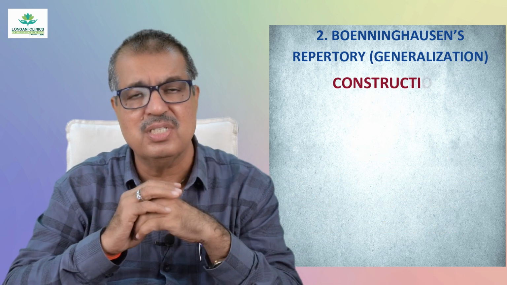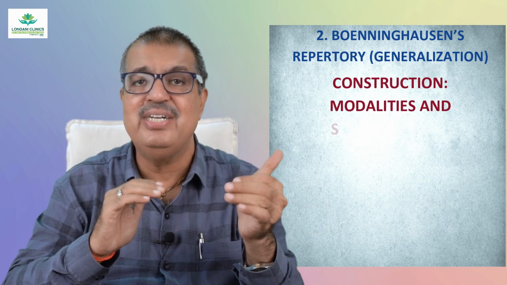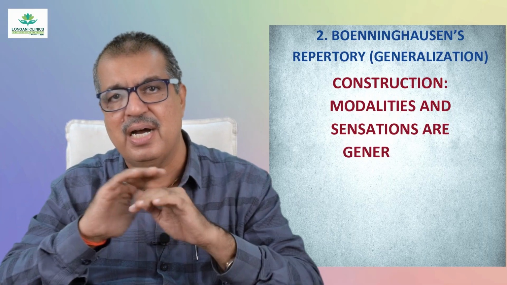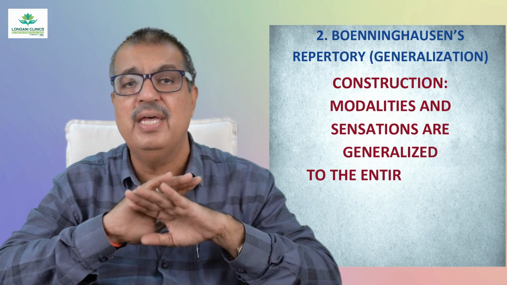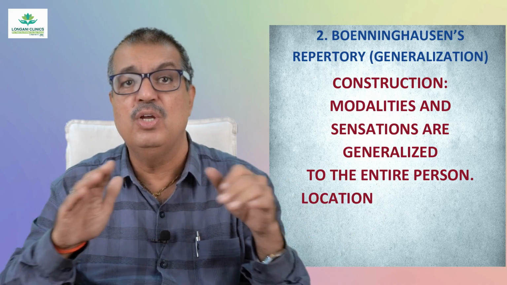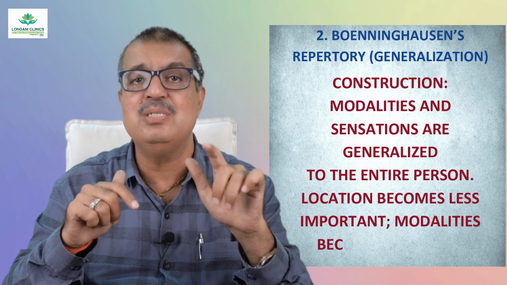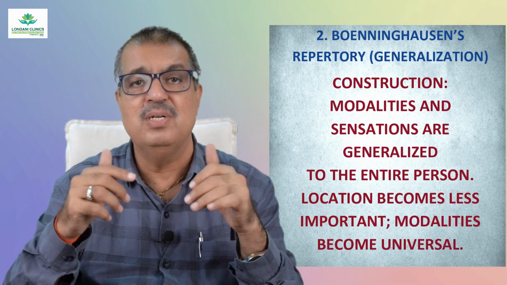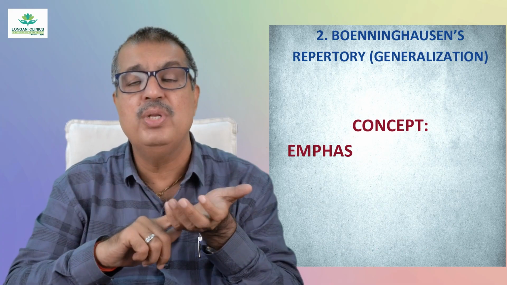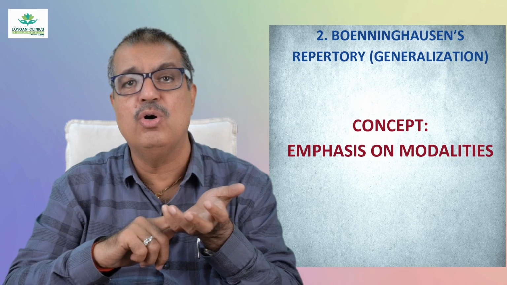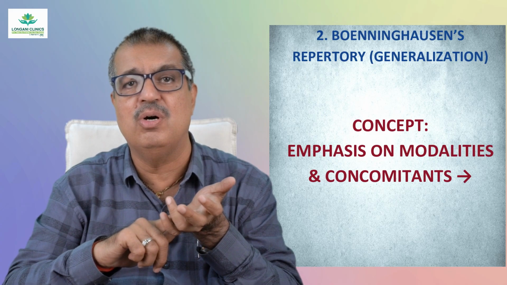Now what is the construction here? Modalities and sensations are generalized to the entire person. Location becomes less important. Modalities become universal. What is the concept? Boenninghausen emphasizes modalities and concomitants.